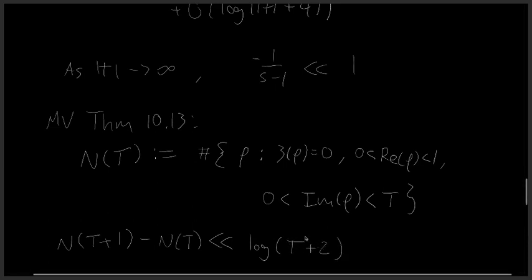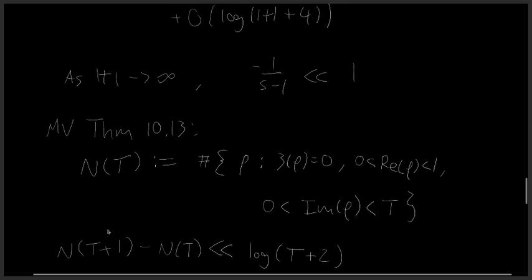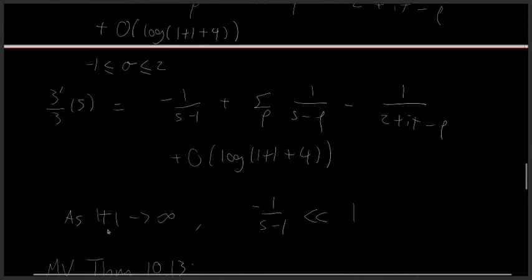So they're saying, if you're looking really close to the real axis, then things might go wrong, so don't do that. Basically, between T and T plus 1, the number of zeros you get with that imaginary part is at most log T. And this is going to be useful for bounding the sum over the zeros.